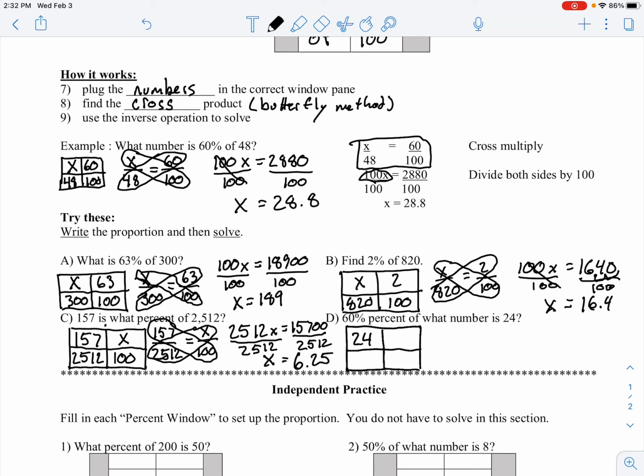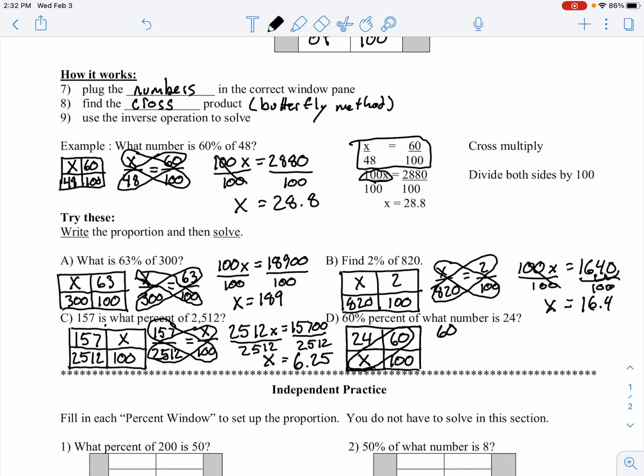We don't know what the what is or of. So our variable will go down below. And we have 60 over 100. So percent on top and then 100 on the bottom. So I think I'm going to skip rewriting the ratios now because we're just doing our cross product across these diagonals because it already kind of set up our ratios for us.